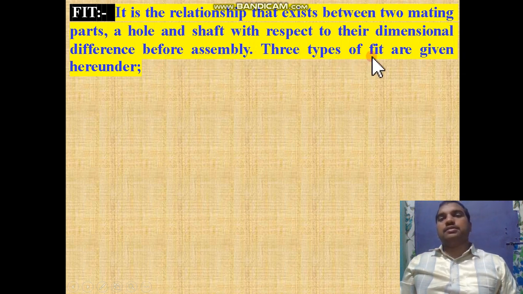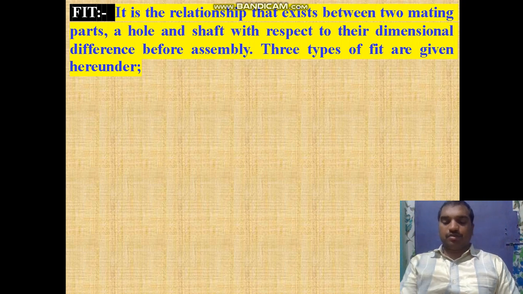There are three types of fits, right? According to the relationship between the two mating parts, that is the existing relationship between hole and shaft with respect to their dimensional difference before assembly.